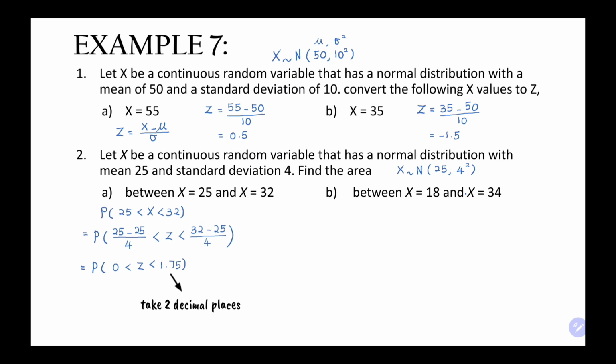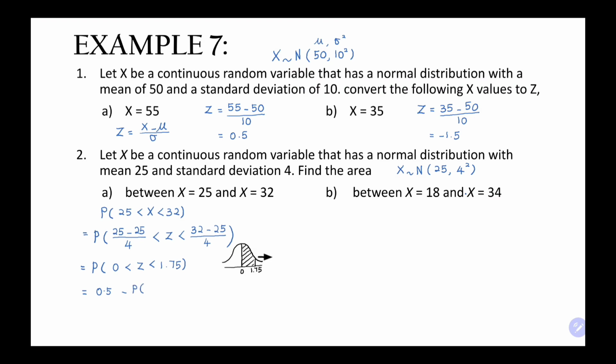To find the area, we sketch the bell shape, 0 until 1.75. So this is the area we want to find. To find this area, we take 0.5. Area untuk separuh ni adalah 0.5 total dia. Kita minuskan dengan area di sini, tail yang kat belakang ni.